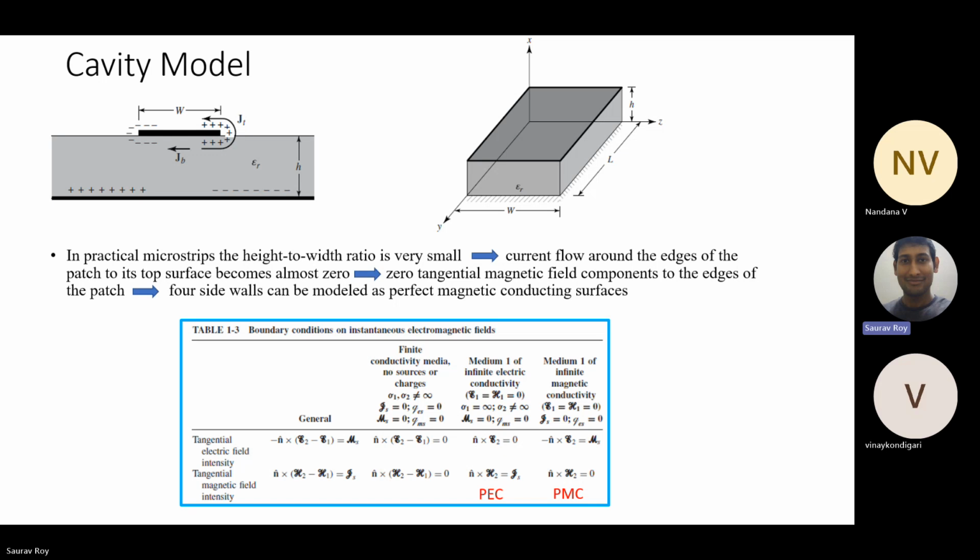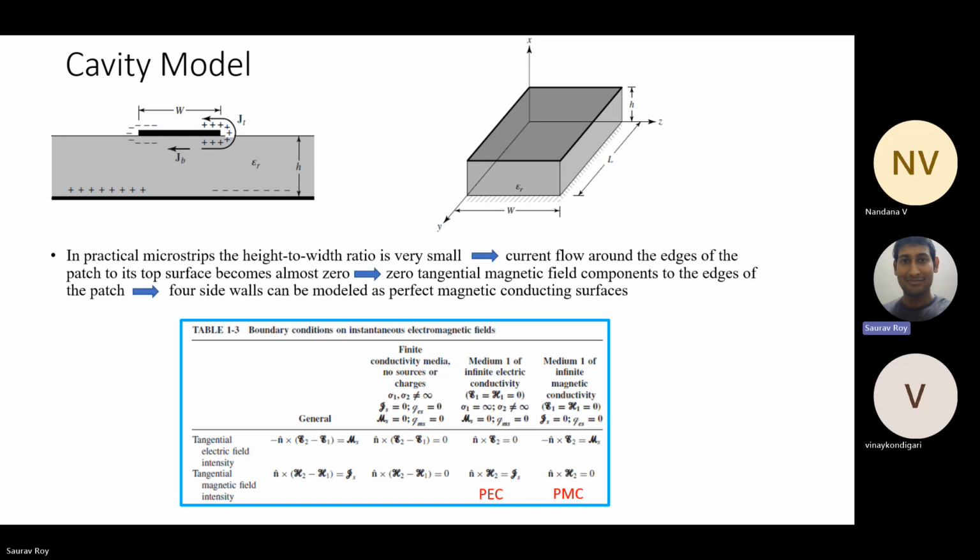So it says the current flow around the edges of the top patch to its top surface becomes almost zero. So there is very negligible current flow on these four slots. The surface current density JS is negligible because of the very small thickness. If the current density is zero, then consider the tangential magnetic field.